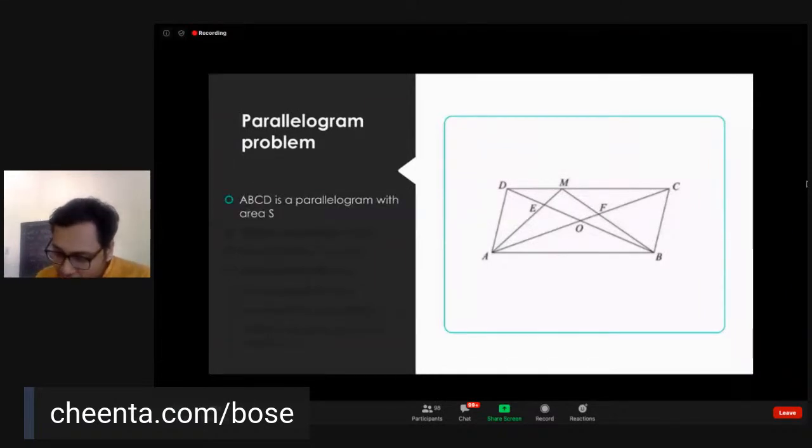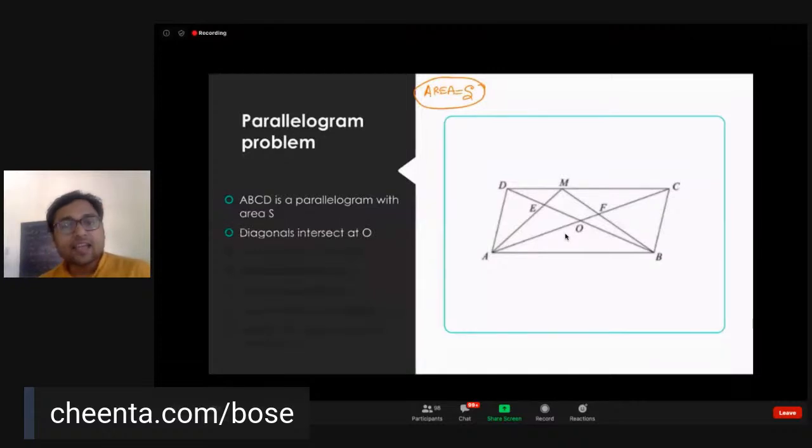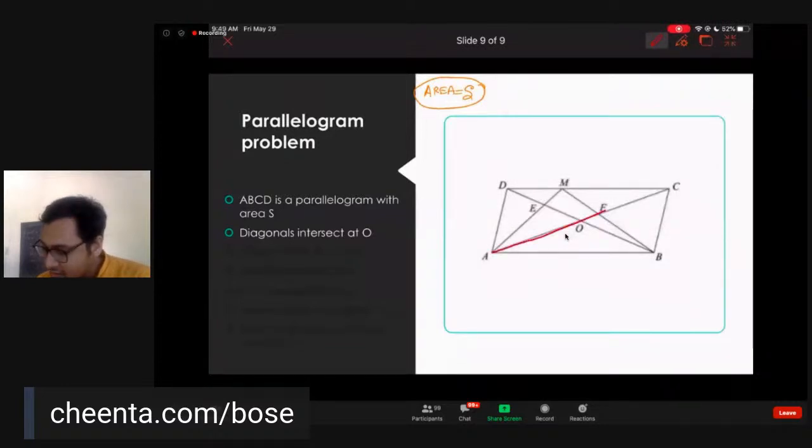Its area is given to be S. The area of this parallelogram is given to be S. It's given that the diagonals of this parallelogram intersect at the point O. I'll draw the diagonals in red.